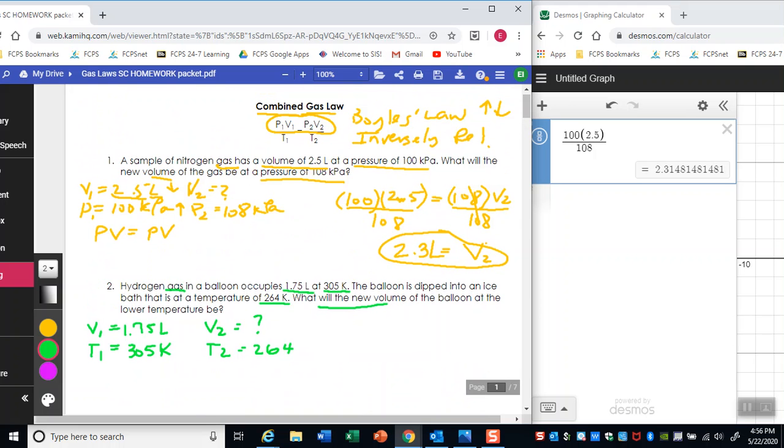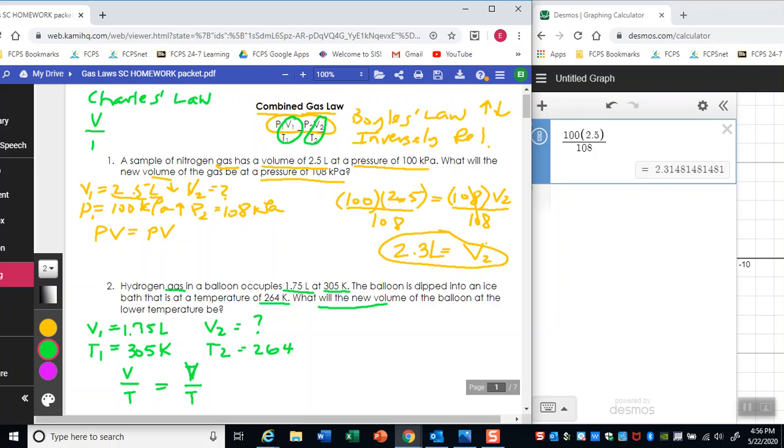So what I've got here is temperature and volume. If you look at your combined gas law, here is Charles' law right here. Volume divided by temperature equals volume divided by, oops, I made a T. I said V, but I'll just quickly change it into a V. Divided by temperature. All right, that's Charles' law.